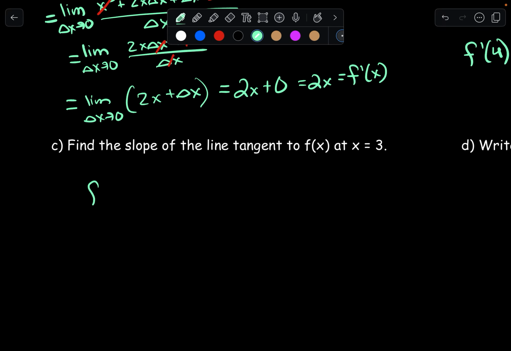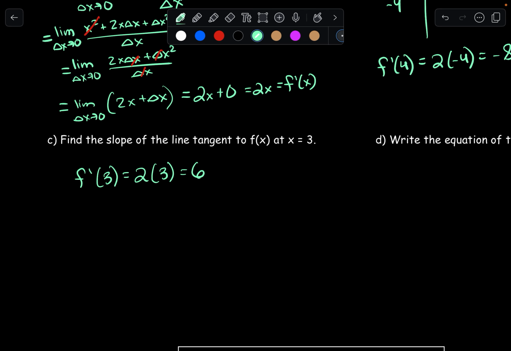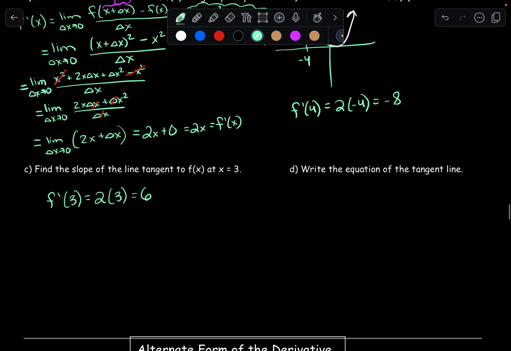Same thing. All we need to do is find f prime of 3, plug it into 2x, and we get 6. So the slope of the tangent line at x equals 3 is 6. So because we have f prime of x, we can find the slope at any point. All right, that needs to be super, super clear.